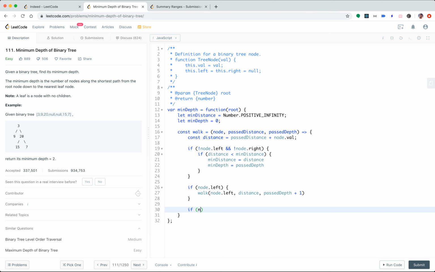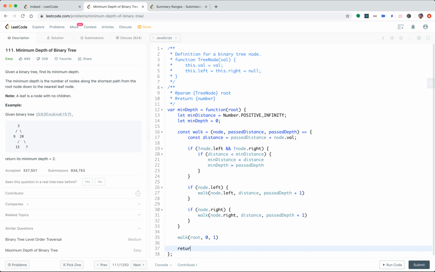If node right, walk node right, past depth plus 1. This we can walk, so we will walk root, past distance 1. Oh no, it's 0. Past depth is 1. And then we return min distance.